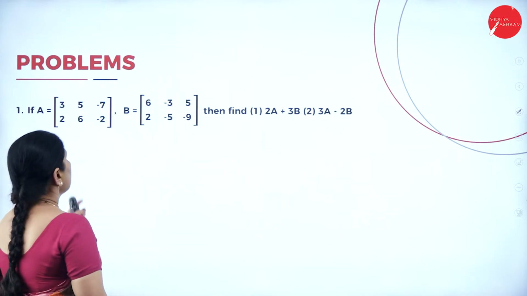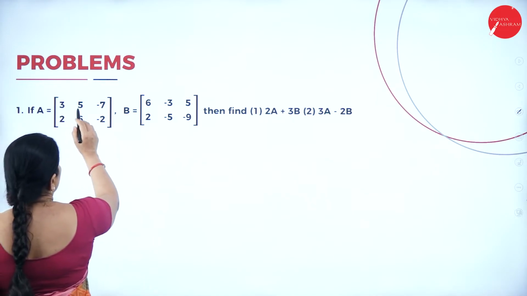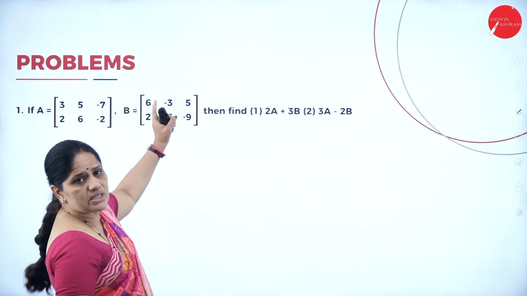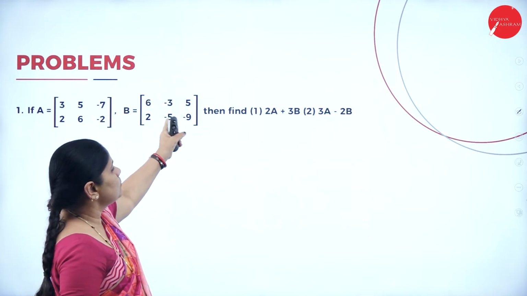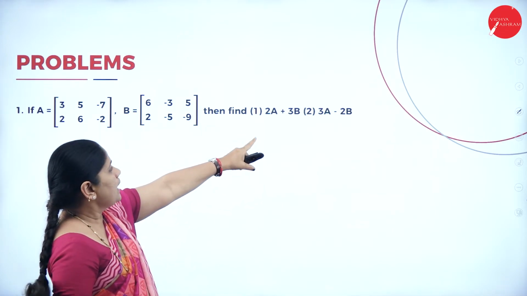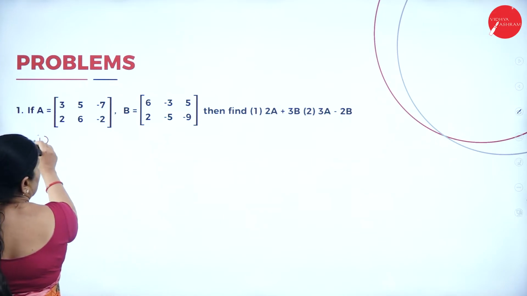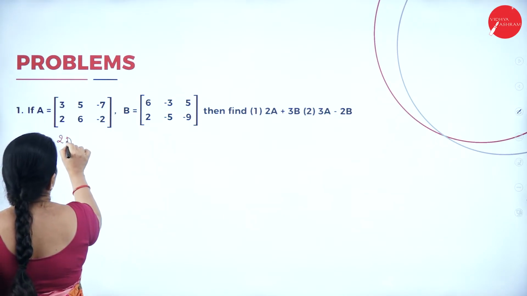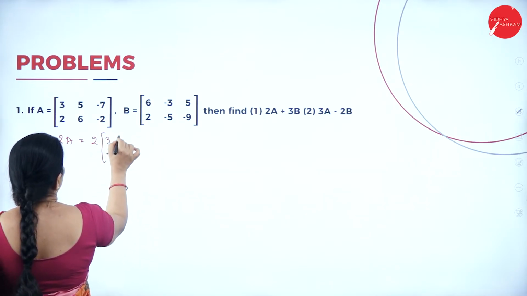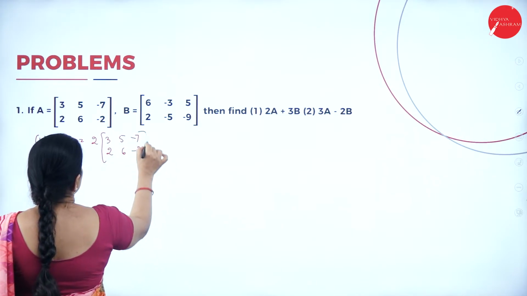Then next one. Let us do some problems on matrices. So, if A equals 3, 5, minus 7, 2, 6, minus 2, and B equals 6, minus 3, 5, 2, minus 5, 9, then find 2A plus 3B and 3A minus 2B. So, first one, let us find out 2A equals 2 into 3, 5, minus 7, 2, 6, minus 2.